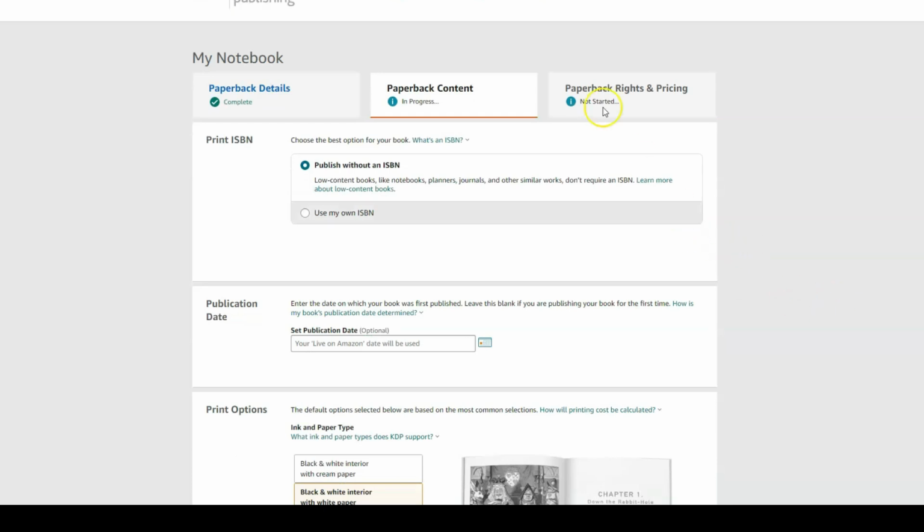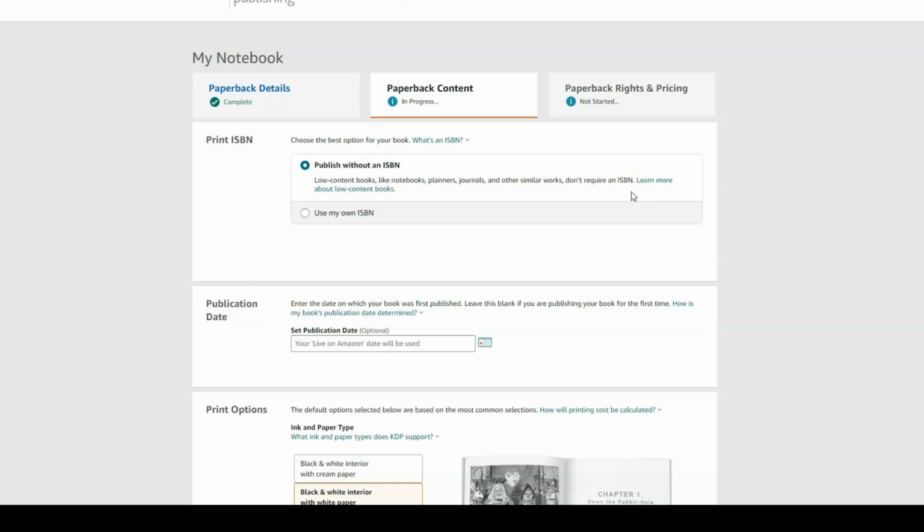And now it is asking you on the next page whether you want to publish without an ISBN. And yes, we do. We keep this ticked. Low content books like notebooks, planners, journals, and other similar works don't require an ISBN. This is something that Amazon first started giving us free ISBNs, and I always thought it was strange because usually a notebook hasn't got an ISBN.